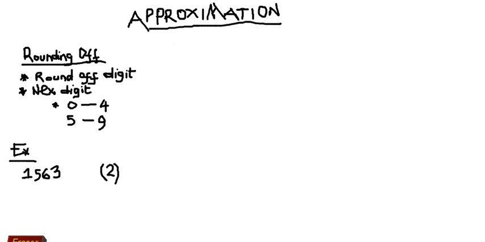If we want to round off this number to 2 significant figures, it means we want to retain only 2 relevant digits. So we are going to retain 1 and 5. In short, 5 is our round off digit.